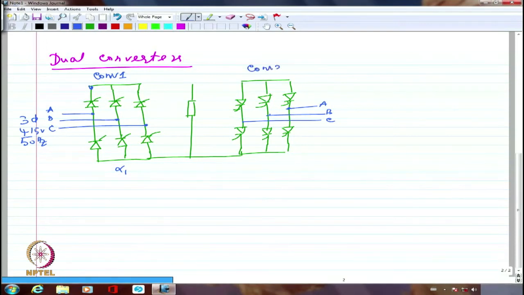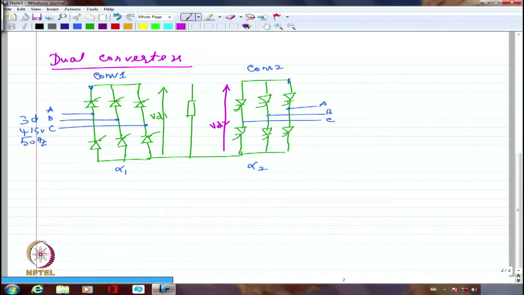And this is fired at alpha 2. Both are being operational. And we called this voltage as VD1, and let me call this voltage as VD2.